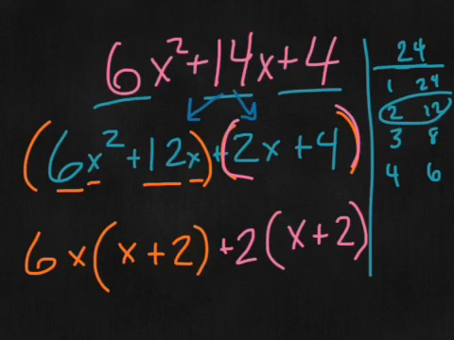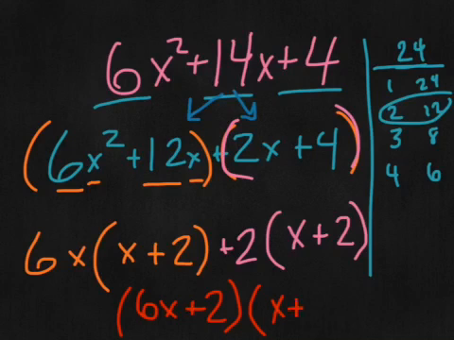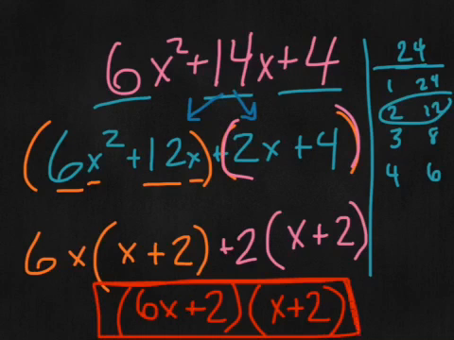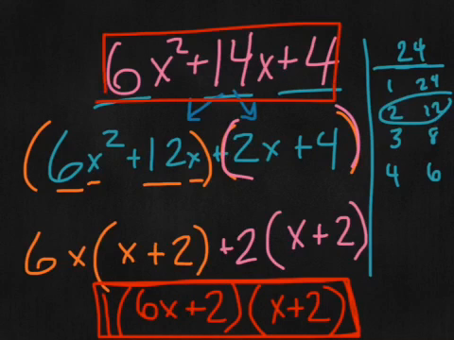Again, we ended up with the same thing on the inside for both of them. That's what we want. So our factors are 6x plus 2 and x plus 2. If we wanted to prove that, we could distribute and make sure that we got back to the original polynomial. But these are the factors.